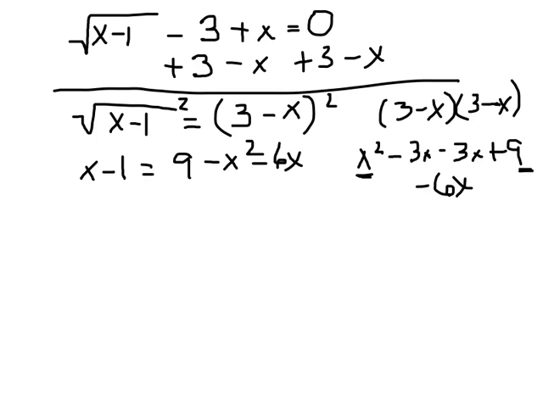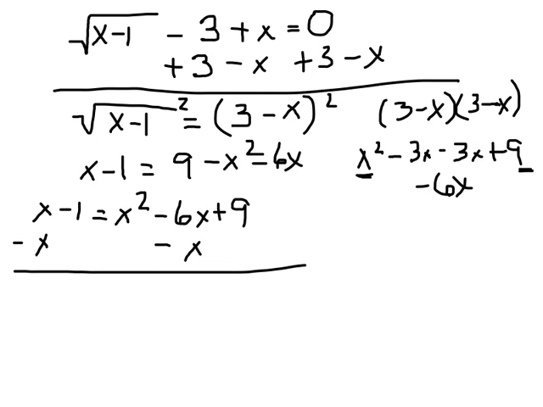Let's put that more in correct form. x minus 1 equals x squared minus 6x plus 9. Now let's do a little bit more here. We're going to subtract x from both sides.